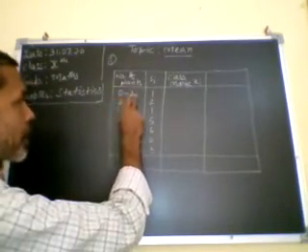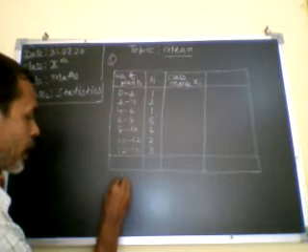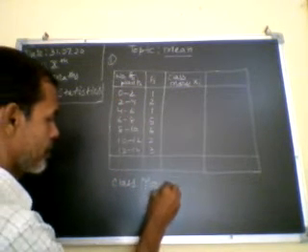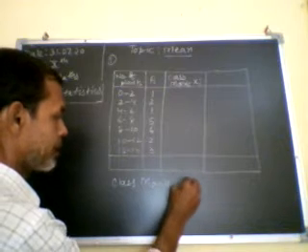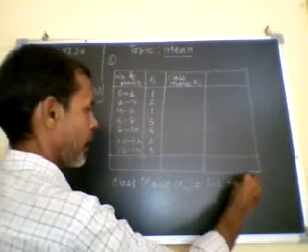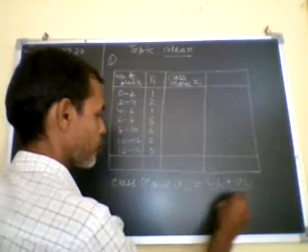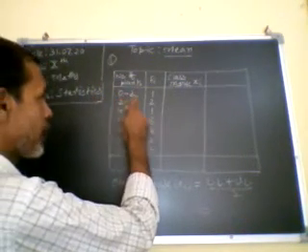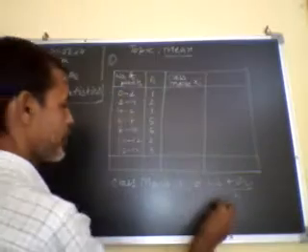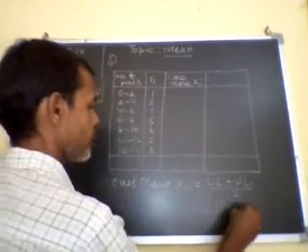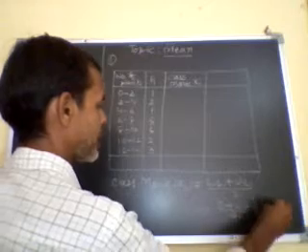The class mark xi is lower limit plus upper limit divided by 2. In the first class the lower limit is 0 and the upper limit is 2, so 2 divided by 2 means 1.